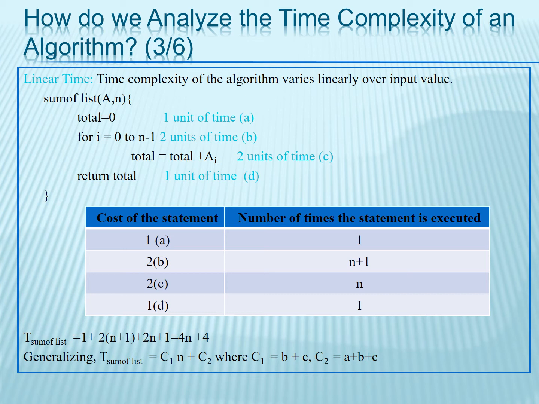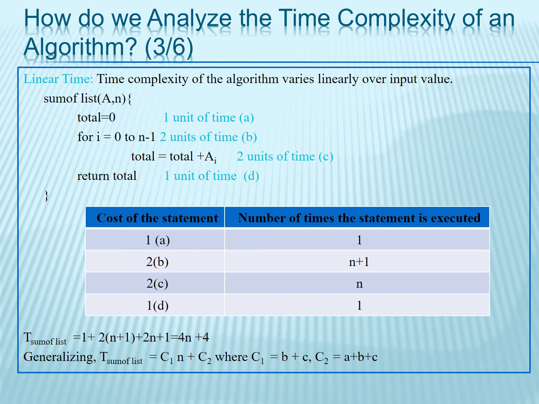When you look at the table given here, which has the cost of the statement and the number of times the statement is executed, when we consider the first statement, that is the A statement, which assigns the value of 0 to total, the cost is 1 and the number of times the statement is executed is 1. The for loop takes 2 units of time for each iteration, and the number of times this for loop is executed is n plus 1.